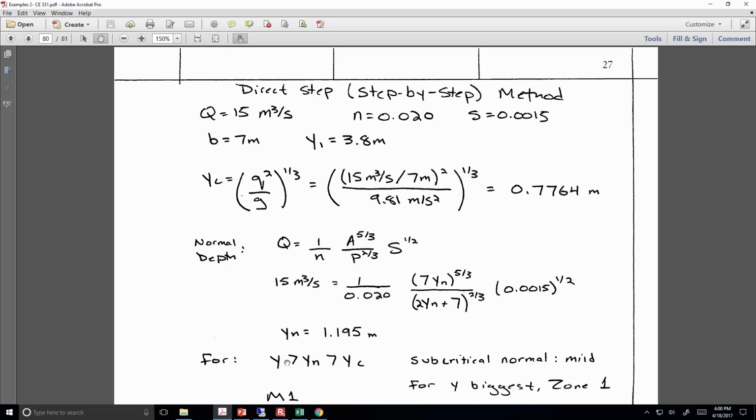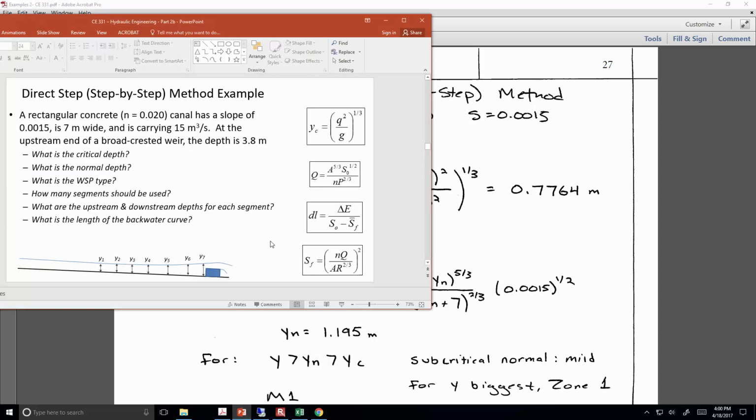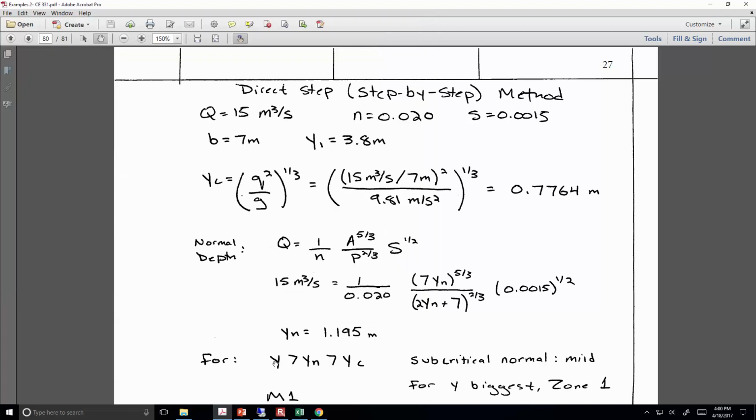And that tells us that this is an M1 profile at the location immediately upstream of the broad-crested weir. If we go back to the picture here, actually not just at that location, it's an M1 profile until the depth is no longer larger than the normal depth.